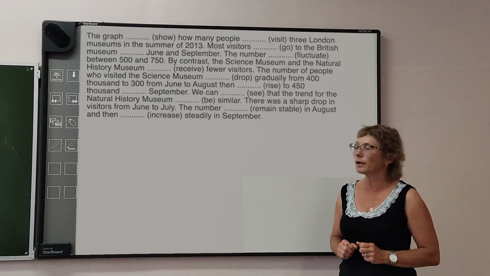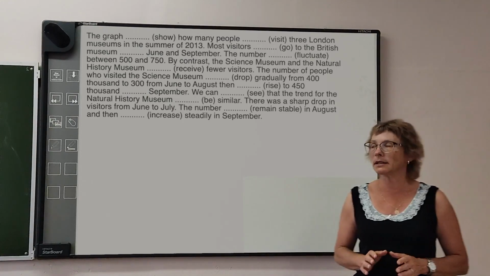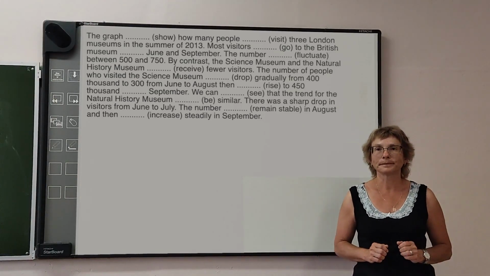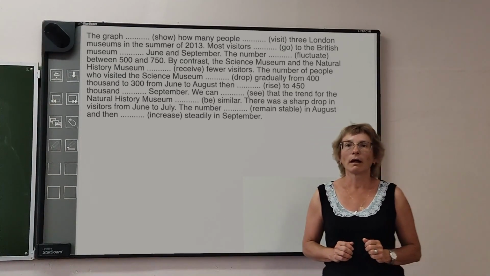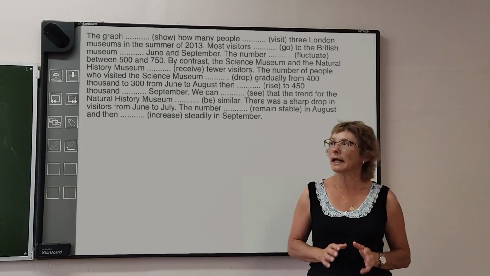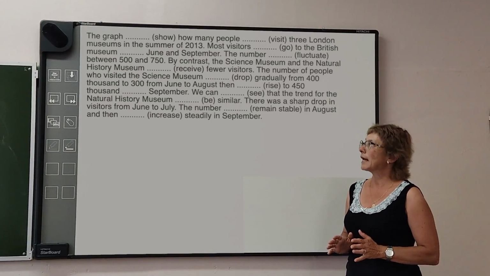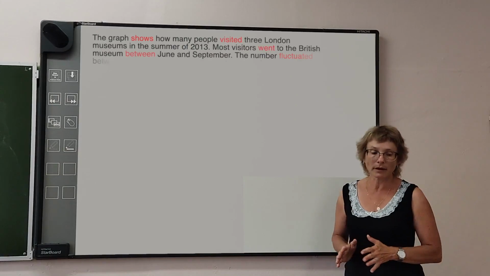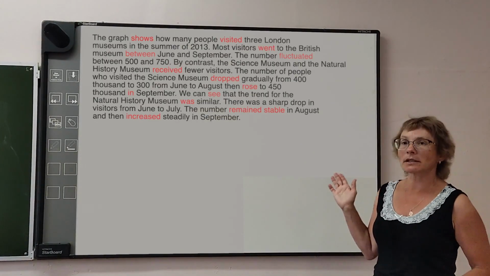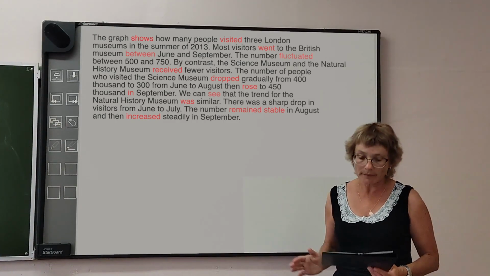Complete the text with the right forms of the verbs in brackets and right prepositions. I hope everybody is ready. So now I offer you to read the correct answer. Okay, you can see the text on screen and read it together.